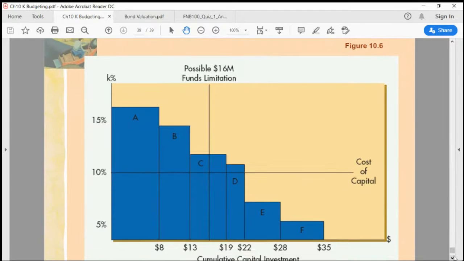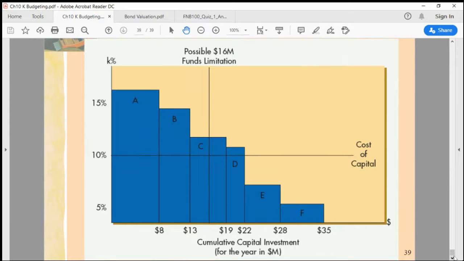But the idea is this. You have only a $16 million fund limitation, right? And how many competing projects are there? 1, 2, 3, 4, 5, 6, right?